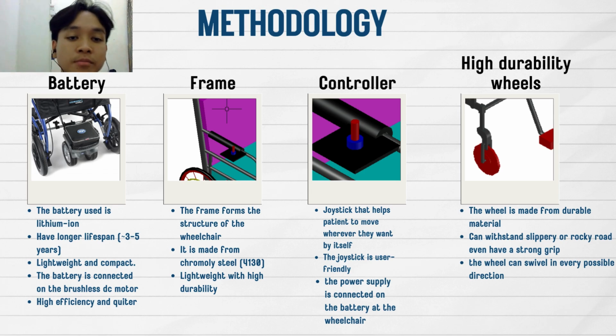For the wheel system, the wheels are designed for durability and performance. The wheel is made from durable material which can withstand slippery or rocky terrain while maintaining a strong grip. The wheel can swivel. The swivel mechanism ensures the wheels can rotate in every possible direction, enabling smooth and flexible movement.